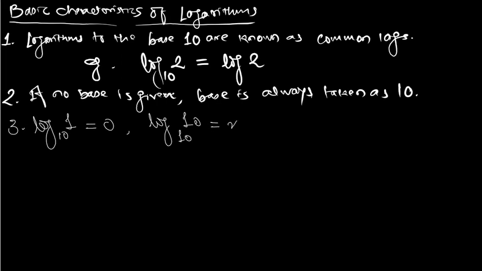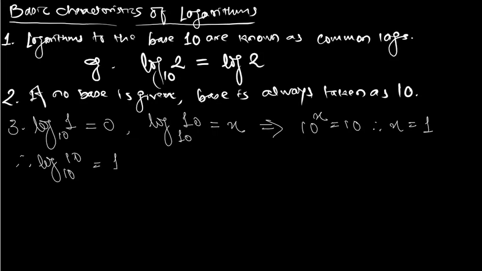We can take it as x and then we can simplify it as 10 raised to x is equal to 10. Now 10 raised to what will give you the same number? 10. 1. Therefore x is equal to 1. So we can say that therefore log of 10 to the base 10 is equal to 1.